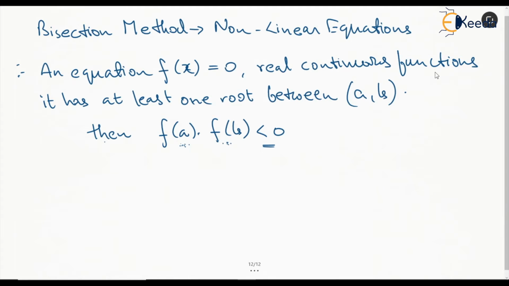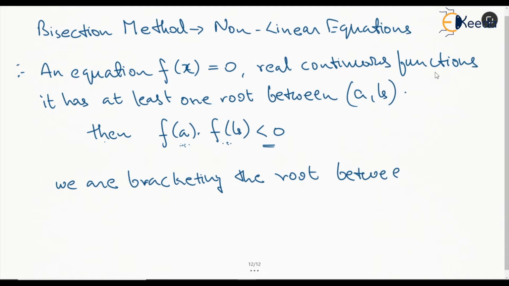So what we are doing is we are bracketing the root between two guess values.